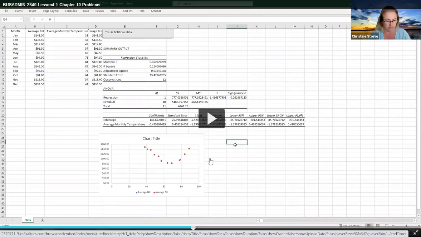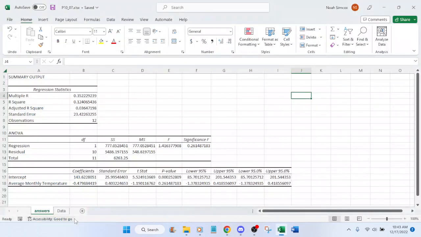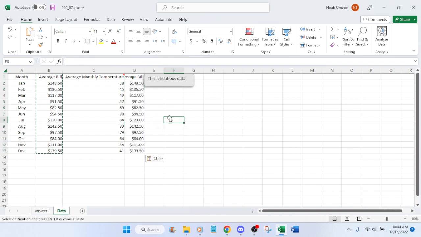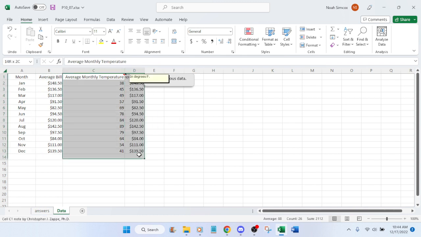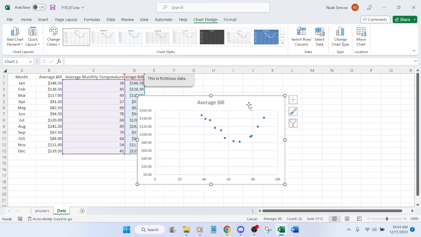Are we supposed to put a chart? Yeah, whatever, we'll do it. Excel is wonderful, so we have to actually copy and paste it here. So now we'll insert a scatter plot, and there we go.